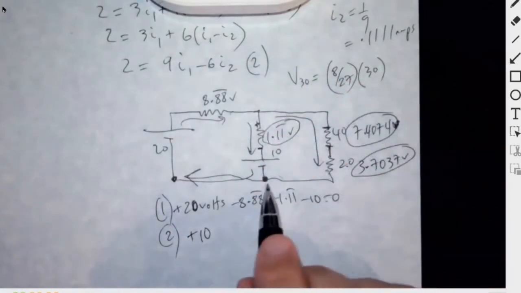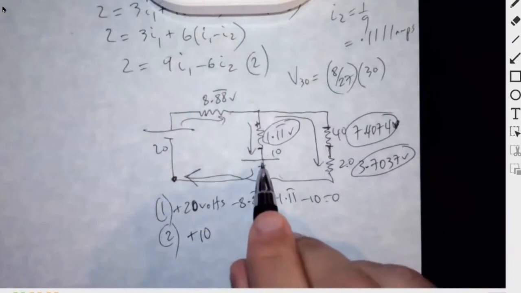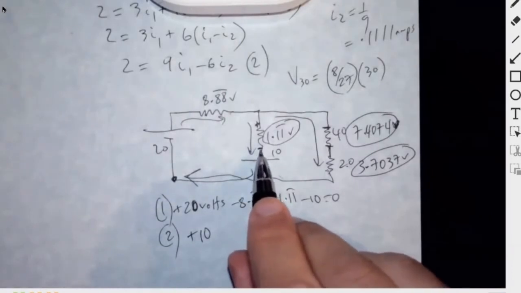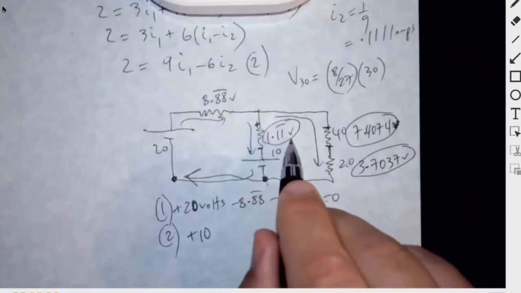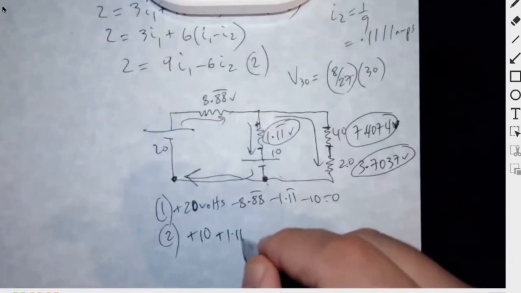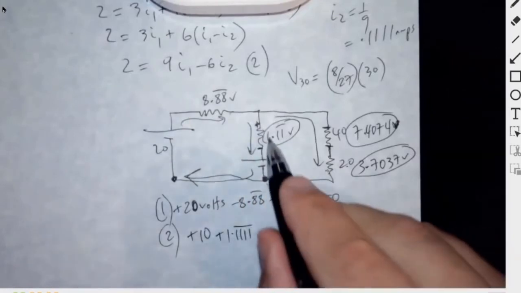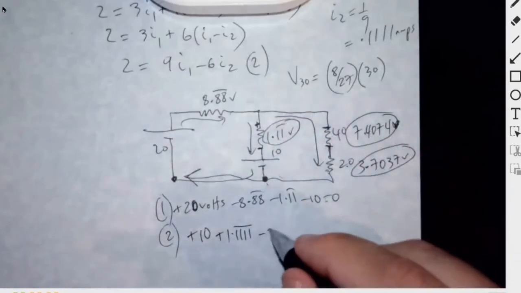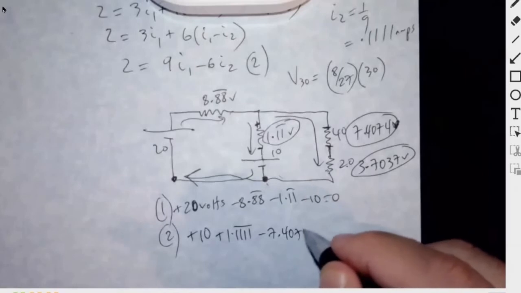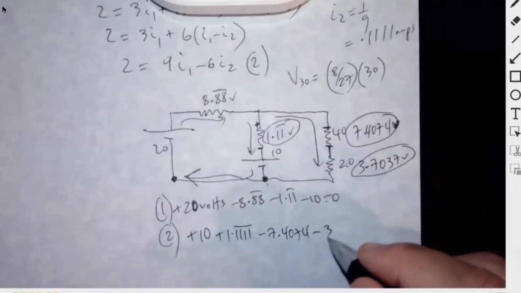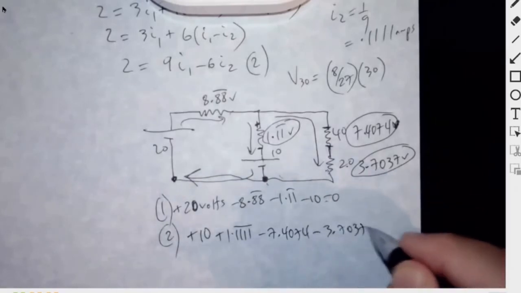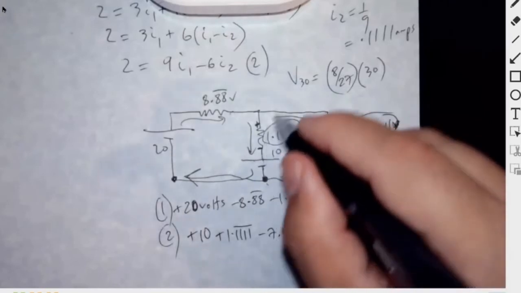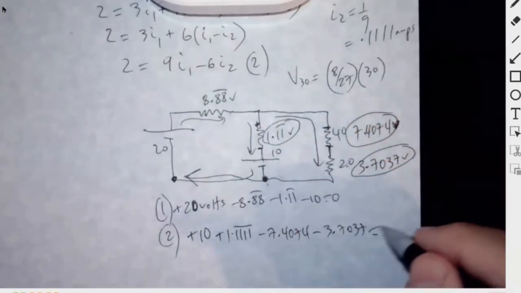So when you're going this way, you gain 10, and then from negative to positive, you gain another 1.11. Then you go this way, then you lose 7.4074, and then you lose 3.7037. You're going with the current. Then that should equal 0.